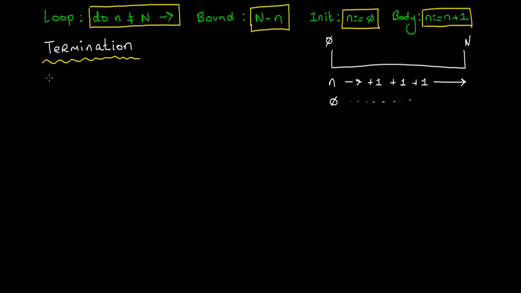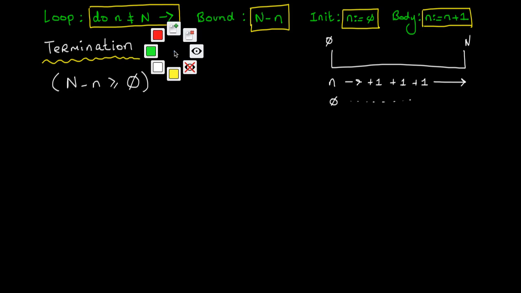So the first part is to take our bound function. So we have n minus small n, and we take the expression that was stated about n at the beginning of the program and we add it on to that.